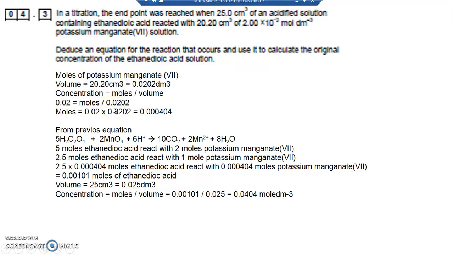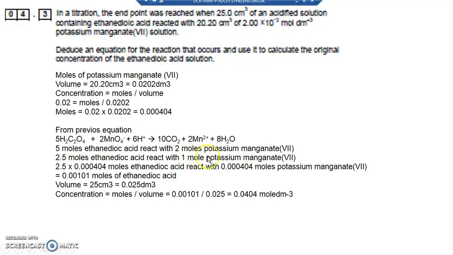What am I going to do with that? I'm going to refer back to the previous equation. For every 2 moles of MnO4 minus, 5 moles of ethanedioic acid react. Or I could say 2.5 moles of ethanedioic acid, half the amount, reacts with 1 mole of potassium manganate(VII), if that makes things easier.